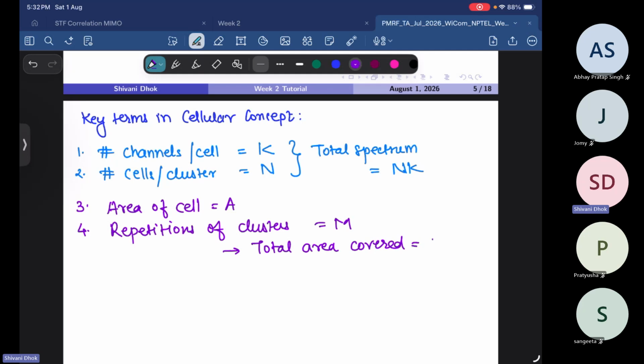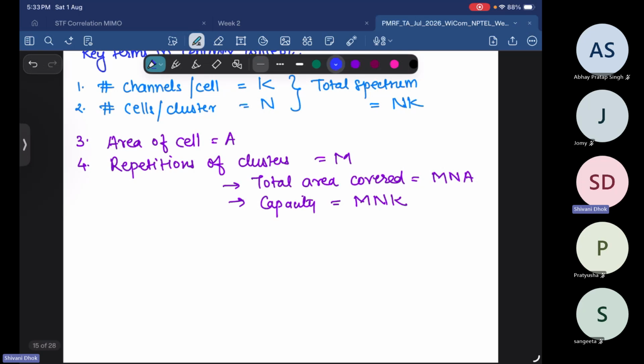is the number of repetitions of clusters into the number of cells per cluster into the area, and the total capacity will be the number of clusters into the number of cells per cluster into the number of channels that are used per cell.